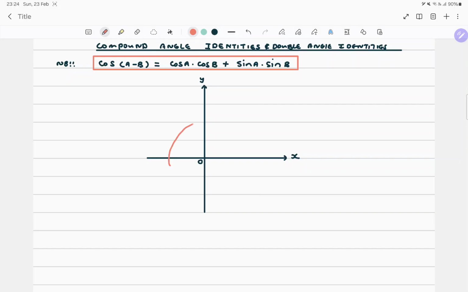Let's say we draw a unit circle. Now that's very important. We need to draw a unit circle. What is a unit circle? It's a circle with a radius of 1. Okay, we will assume this is a unit circle.